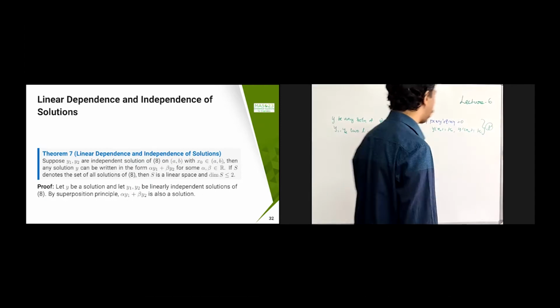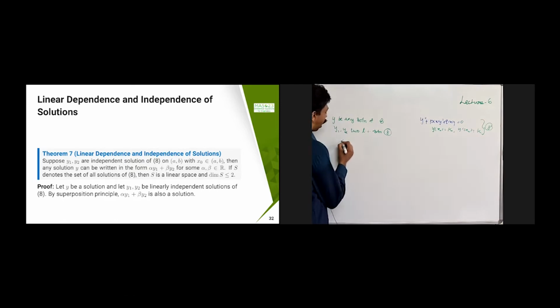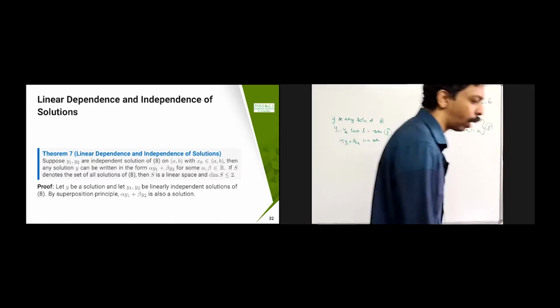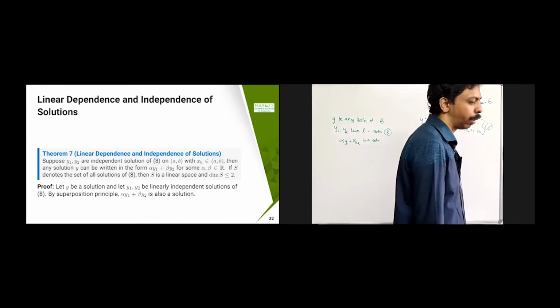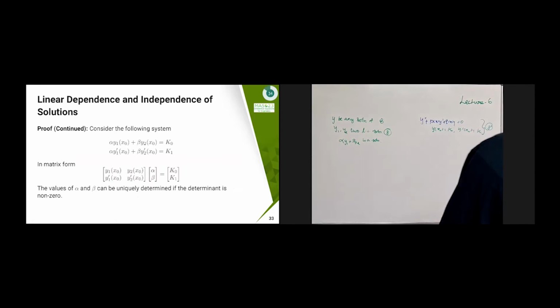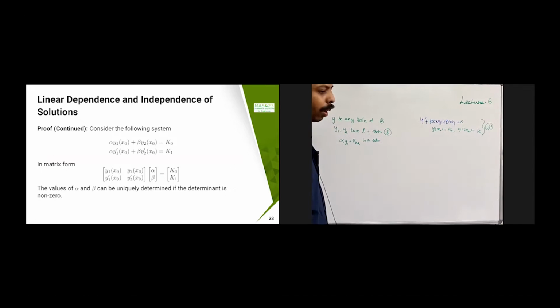By the superposition principle, we know that alpha y1 plus beta y2 is also a solution, since y1 and y2 are two linearly independent solutions. Therefore alpha y1 plus beta y2 is also a solution of this problem. Now we are going to consider the following system.